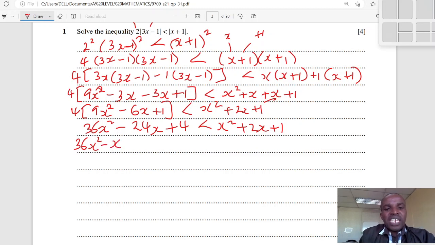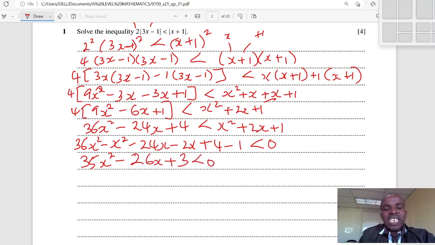So it will be 36x squared minus x squared, then minus 24x minus 2x, plus 4 minus 1, less than 0. Then subtract, you get 35x squared, minus 26x, then plus 3, less than 0.